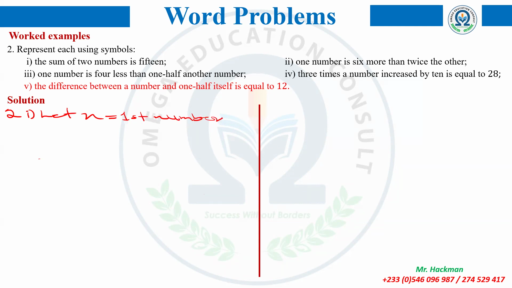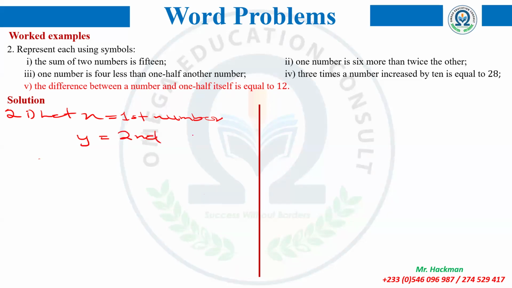Yes, please. Okay, so you can also say that let y be equal to your second number. However, if you introduce another letter, then if you are going to form your equation, it will involve two letters. But don't worry, we'll break it down to only one letter. So I'm going to write this. Please take note. So I'll write y also be equal to the second number. I will break it down for you too.